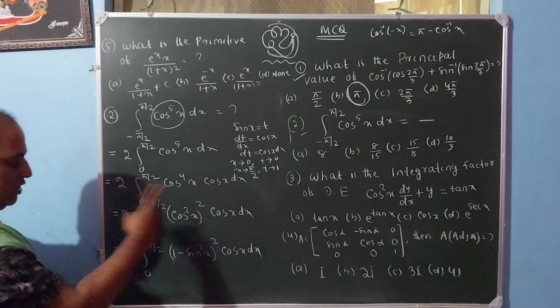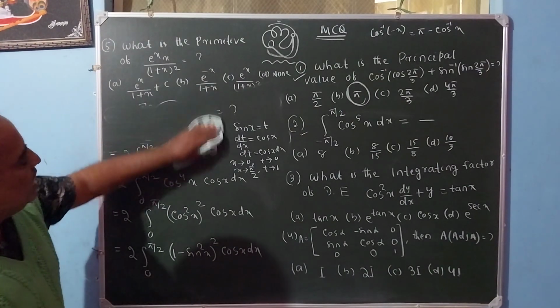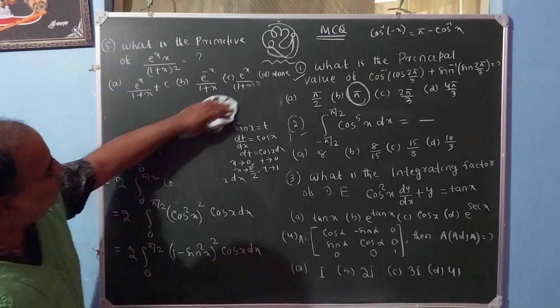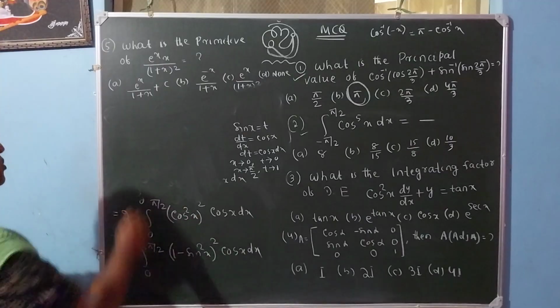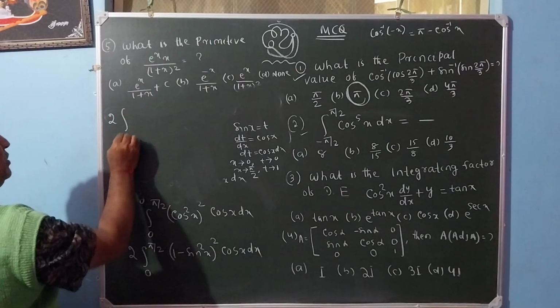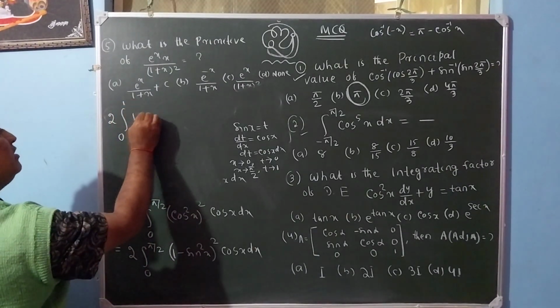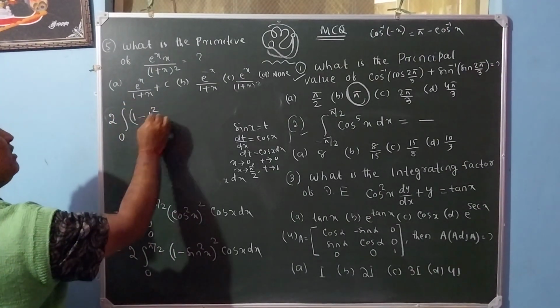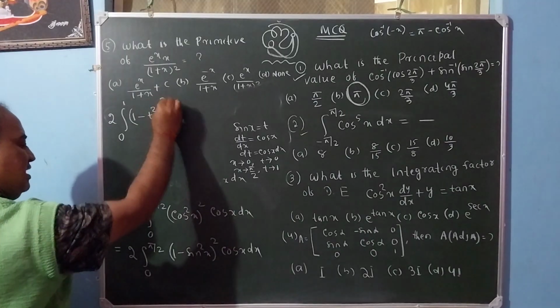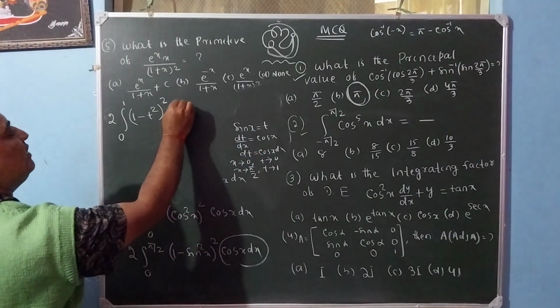So this integral value will become 2 times the integral from t equals 0 to 1 of (1 minus t square) whole square, and in place of cos x dx we put dt.